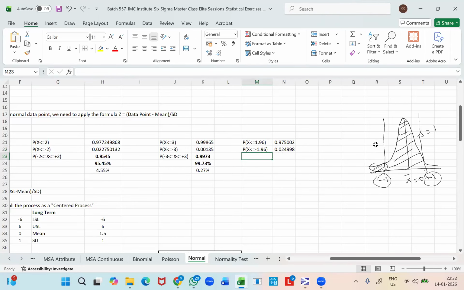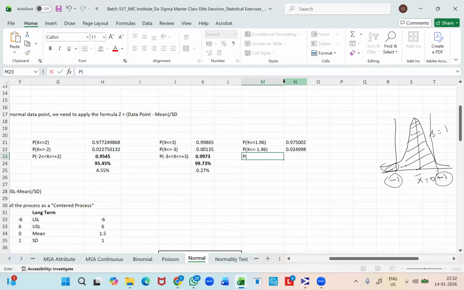Right? So we need to subtract these two values in order to get the area between plus 1.96 and minus 1.96. In terms of notation, this can be written as P of minus 1.96 less than or equal to X less than or equal to plus 1.96. We simply need to subtract these two values in order to get the answer.